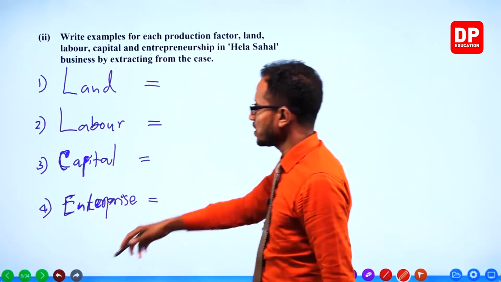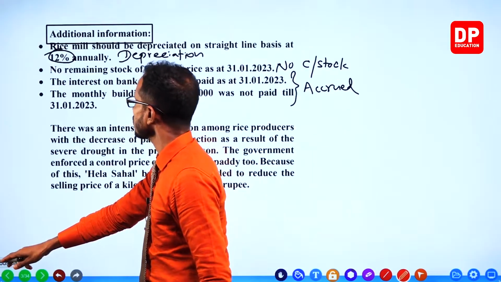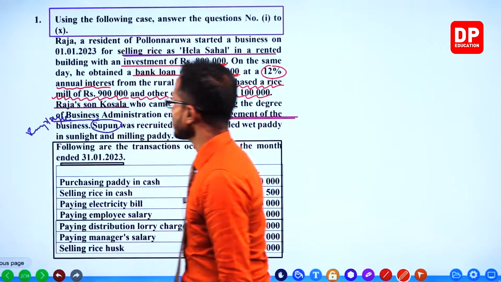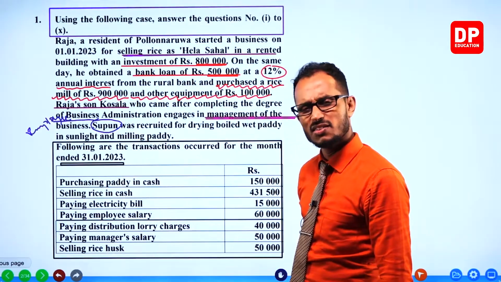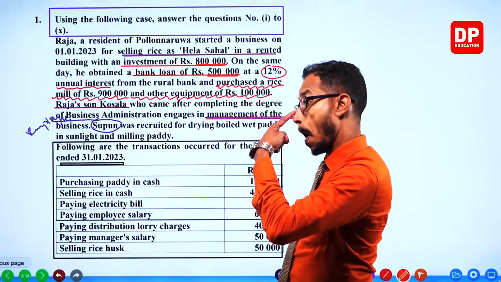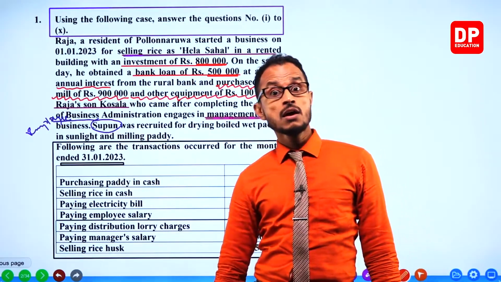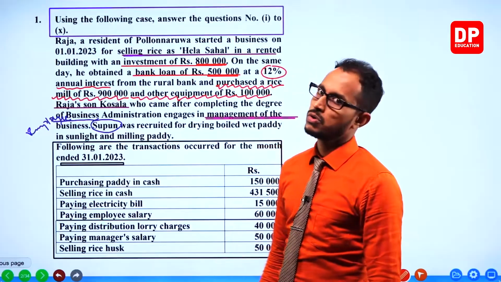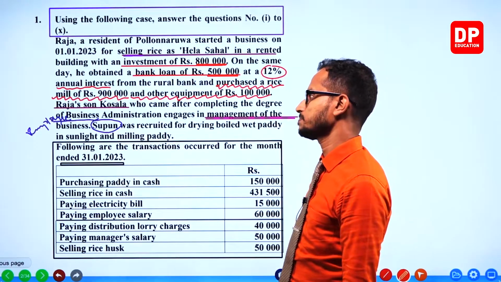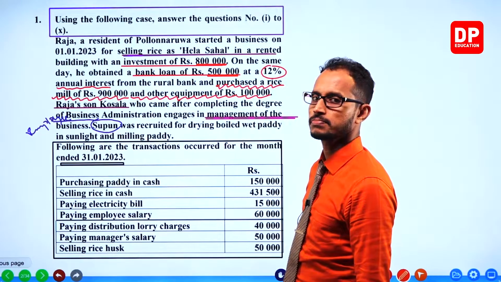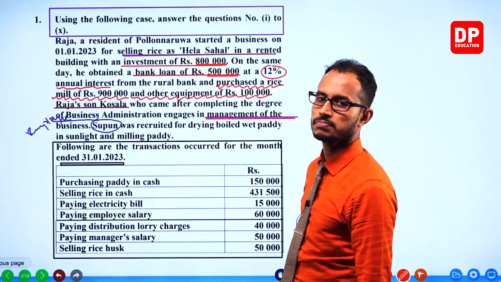Examples for land, natural resource of the business. What is the natural resource of the business? Paddy, right? Paddy is man-made. Oh, don't write paddy for land. Who cultivates paddy? Men.